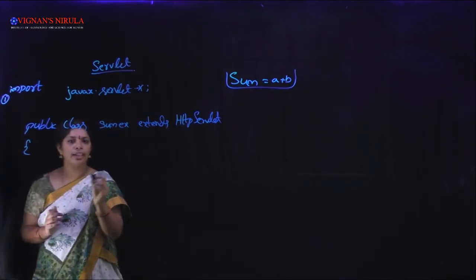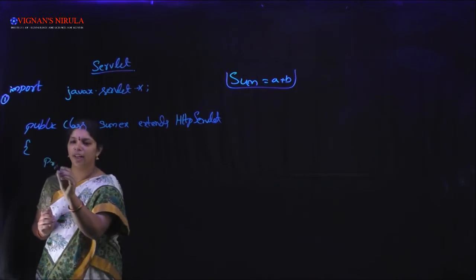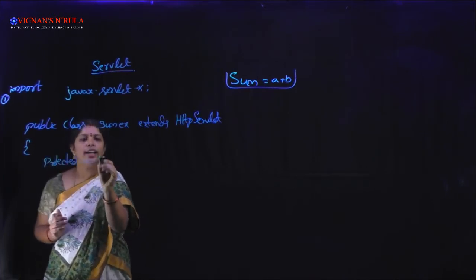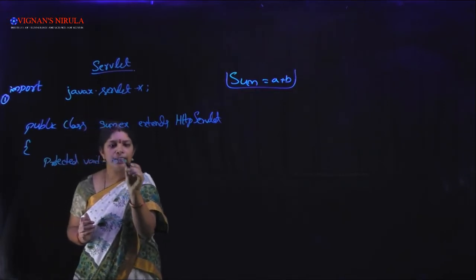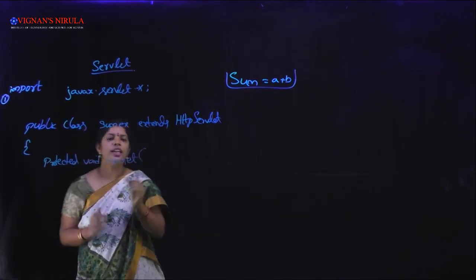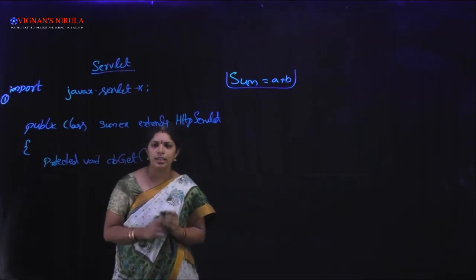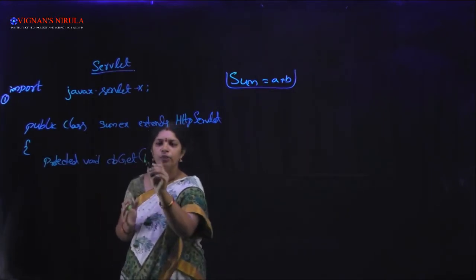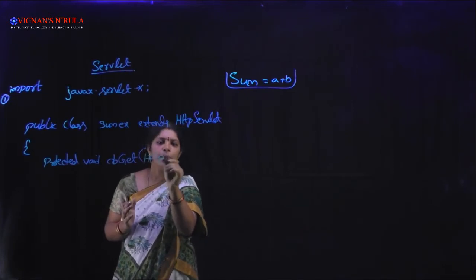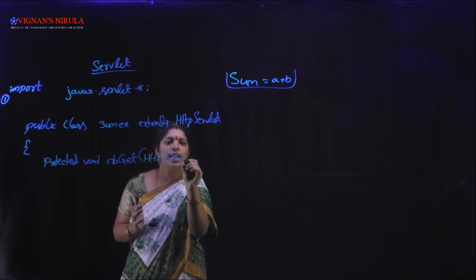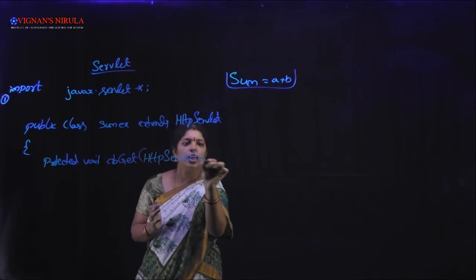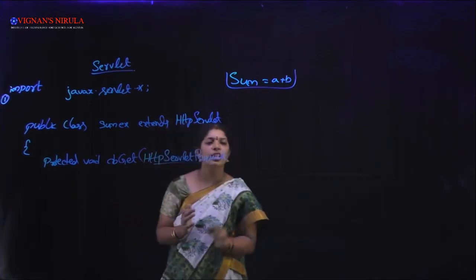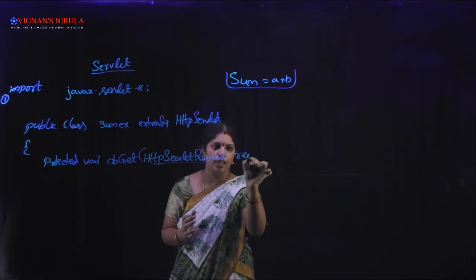Here I am taking the doGet method, declared as protected void doGet. In the doGet method we are inserting two parameters. The first one is HttpServletRequest req, where we create the request object.